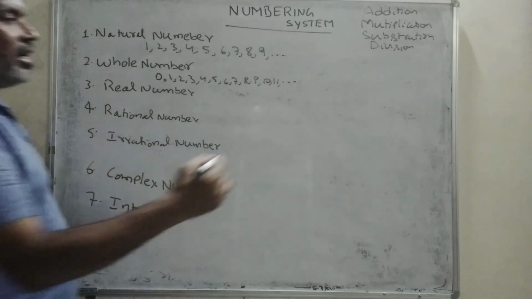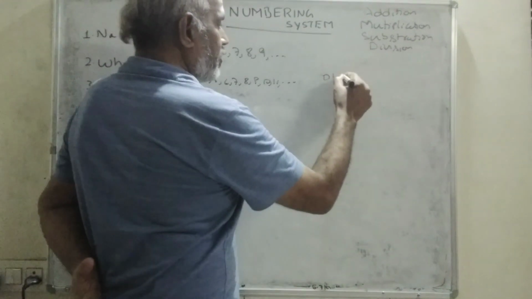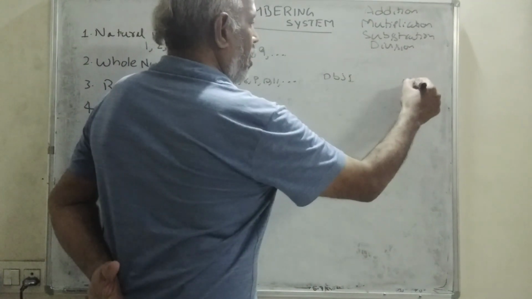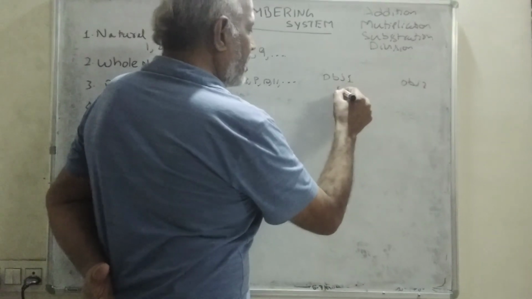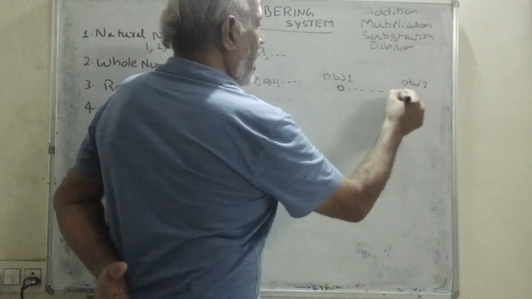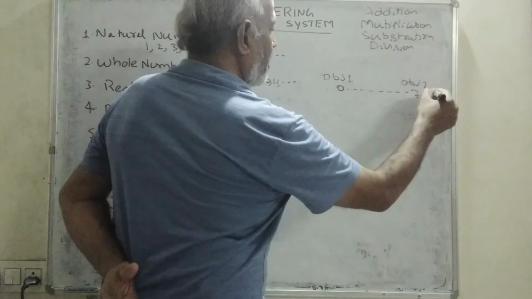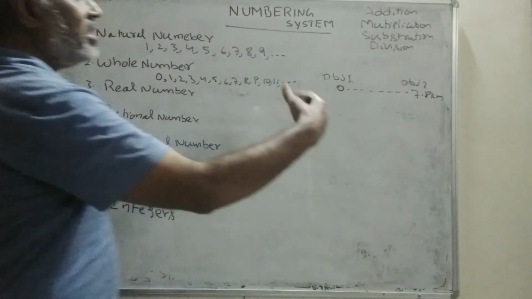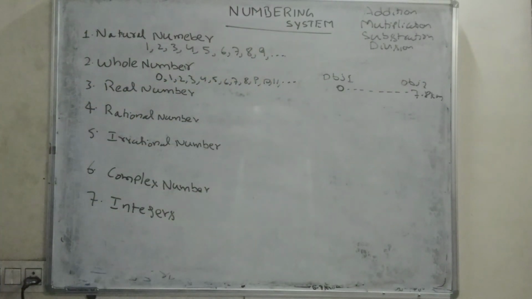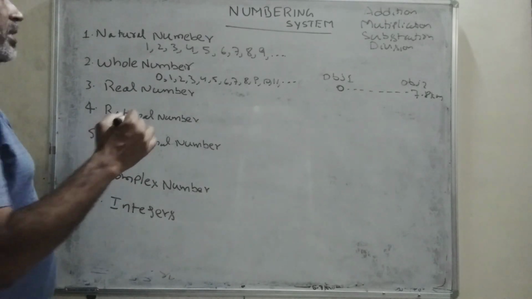That means distance between two objects. It will begin at this object, the measurement will begin with 0 and will keep on going to 7.8 kilometers. Something like that. The object is 12.8 km distance. Okay, that is beginning with 0.